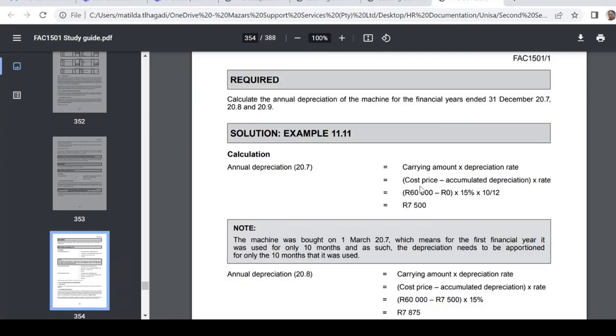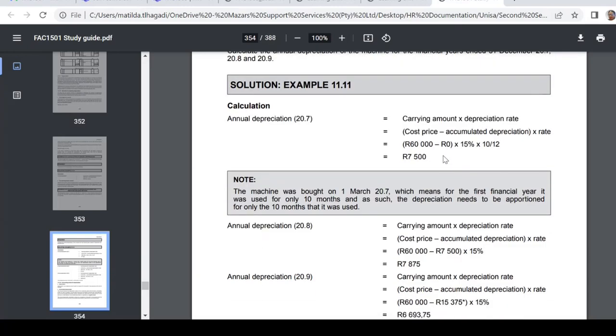All right. So carrying amount times depreciation. This is the difference between the reducing balance method and straight line. When you calculate depreciation using the reducing balance method, it's normally cost price minus accumulated depreciation times rate.